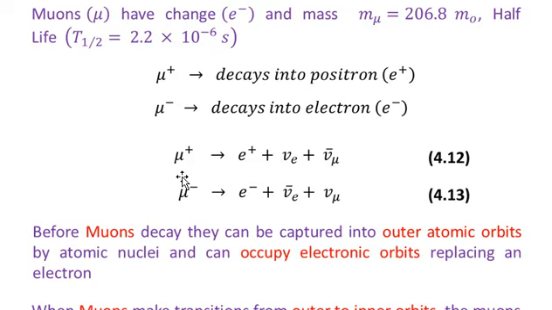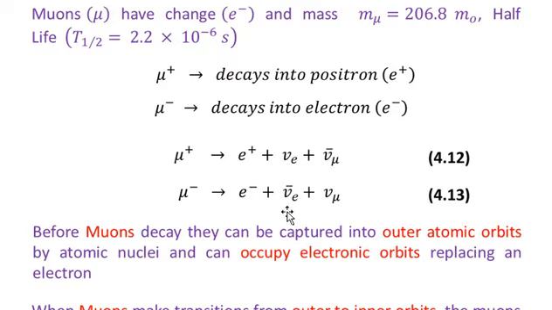The first equation, equation number 12, gives that positive muon will decay into positron plus emission of two neutrinos, one is the electron neutrino and the other is the anti-muon neutrino.